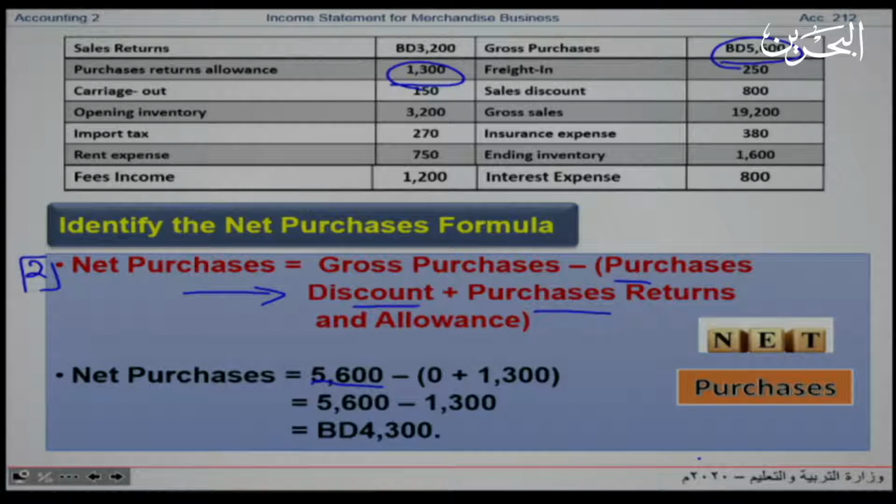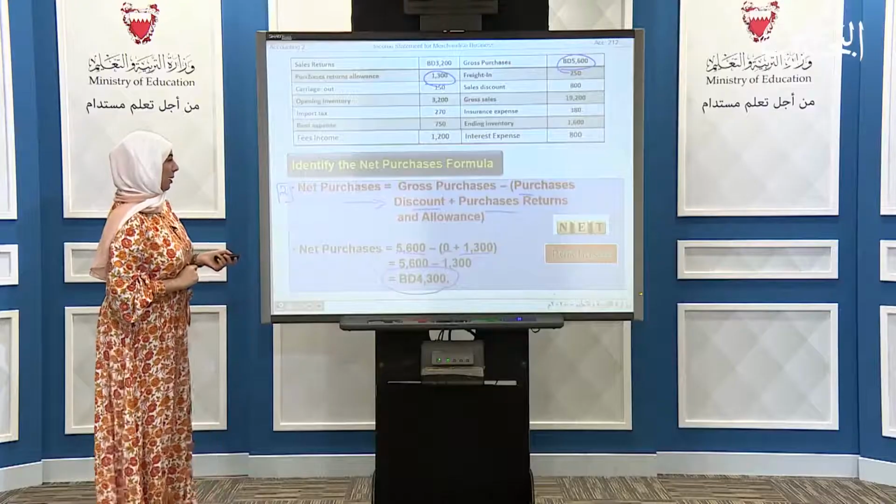The purchase discount is 0, we don't have it, and the purchase return and allowance will be 1,300. So finally, we will get the net purchase of Abdullah Company, with a figure of 4,300. By that, we finish the second required.